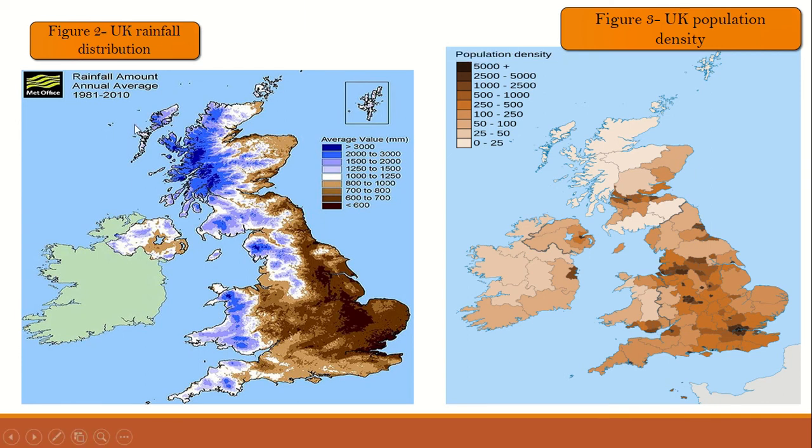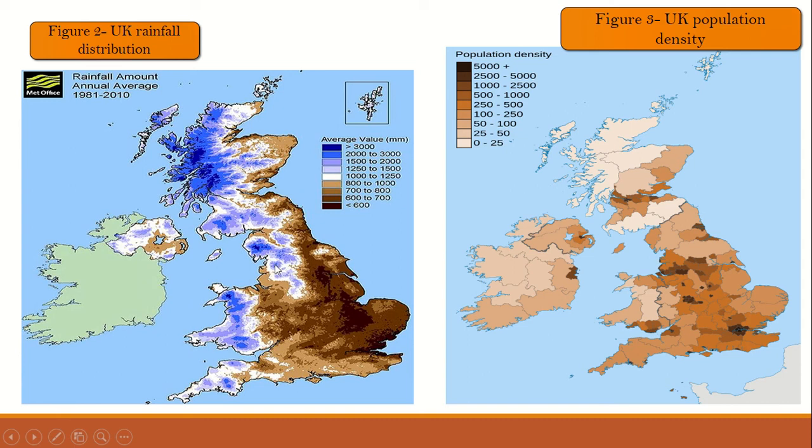On my map, I can see that the places with the largest amount of rain are in the dark blue. So this area of Scotland here, this area of the northwest near where we are, and this area of North Wales here. There should be no surprise, but all these three areas are very highland areas because a lot of the main rainfall occurs next to areas of high land.